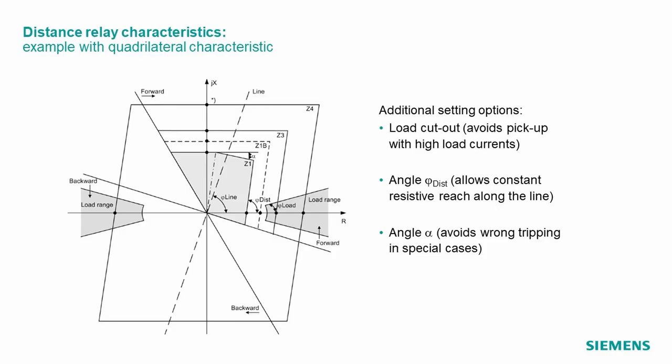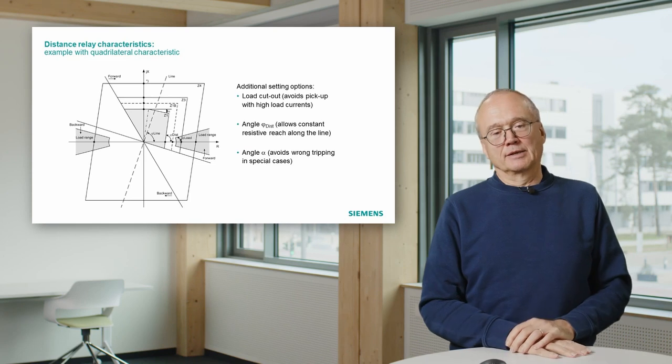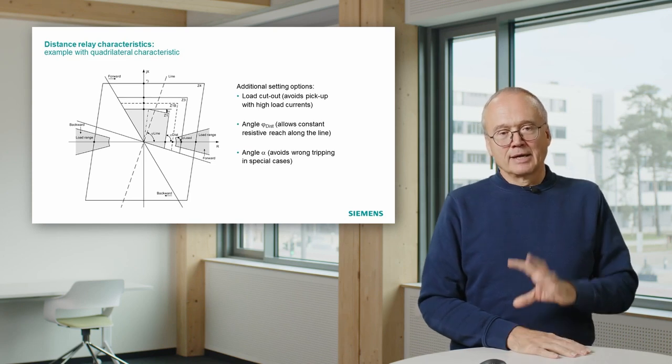This slide shows the characteristic we actually have available in our CProtect 5 distance relays with all the different features. You see the outer zone is, in this case, not rectangular. It's a little bit tilted into a parallelogram form.